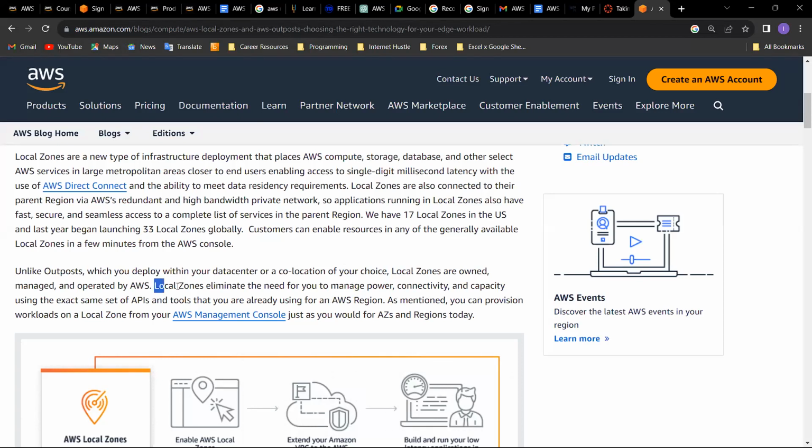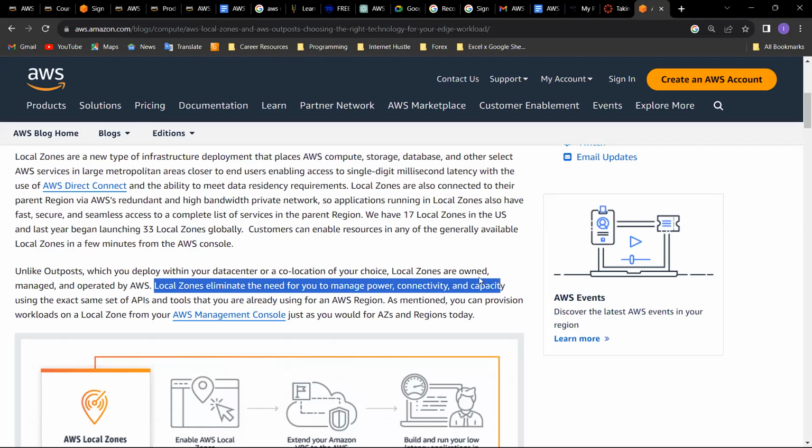So local zones eliminate that. A local zone is like a mini availability zone, which is brought closer to the customer to reduce latency. So local zones eliminate the need for you to manage power, connectivity, and capacity.